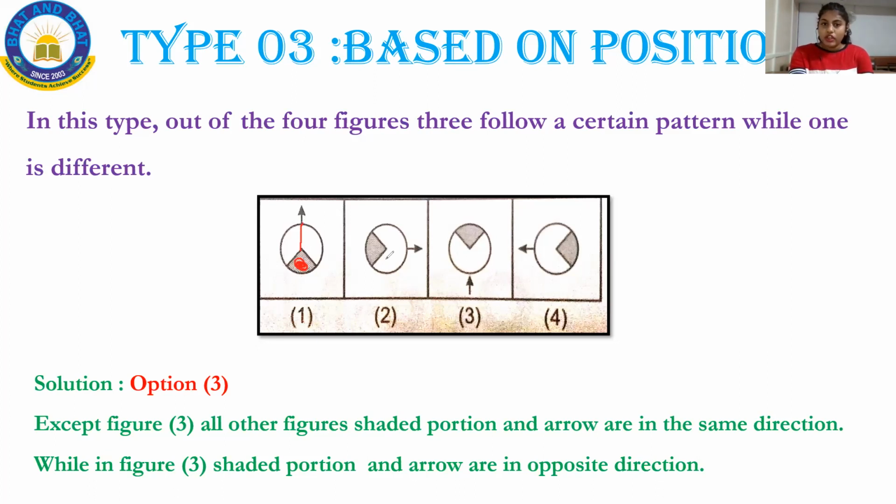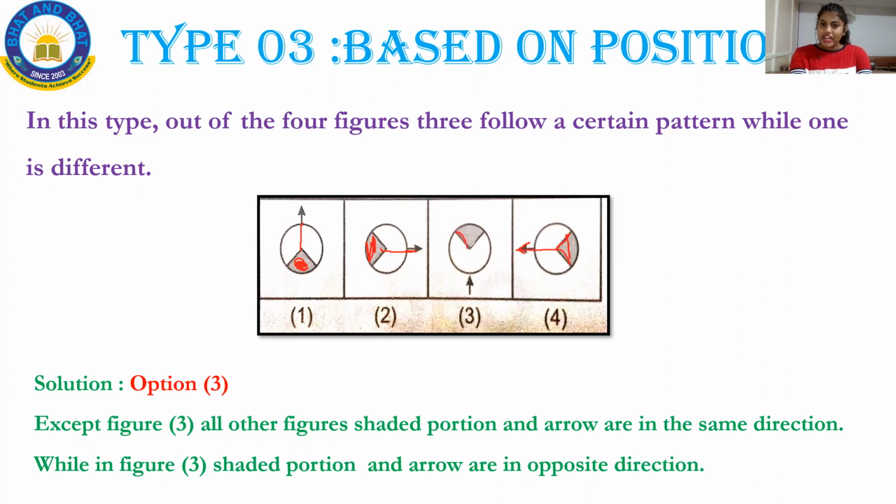Come to the second one. This is my shaded part, and look at that arrow. It is in the same direction. Am I right? And then look at this one. This is my shaded part and the arrow is in the same direction. But look at the third one.